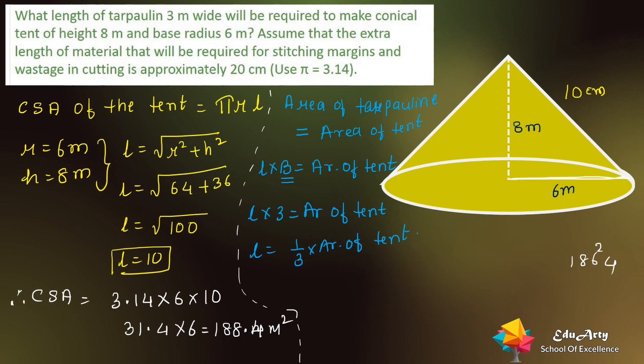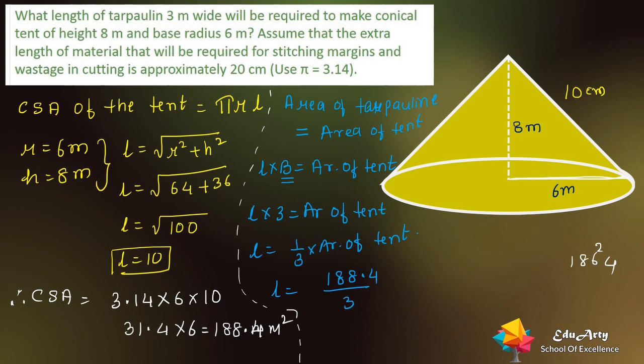Correct? That means we can do it like this, where L is equal to 188.4 divided by 3. 18 and 12, yes, this is divisible.